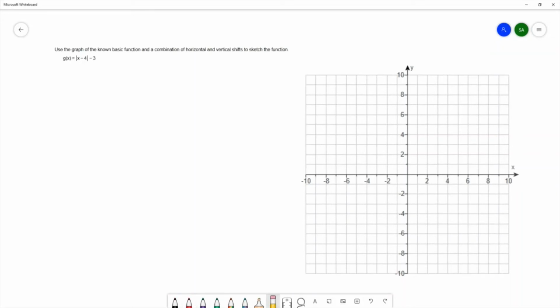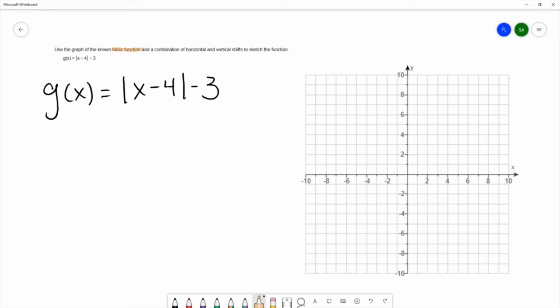For this example, we have a question that says use the graph of the known basic function and a combination of horizontal and vertical shifts to sketch the function. Our function in this example is g of x equals absolute value of (x minus 4) minus 3. So I need to figure out the basic function first.